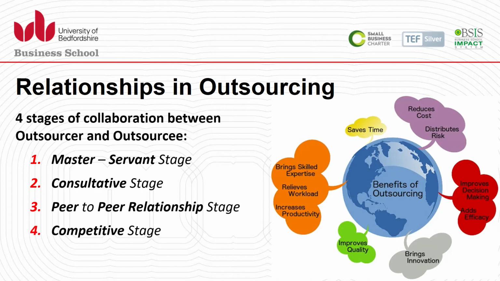consultative stage, peer-to-peer relationship, and competitive stage. To keep the communication line open and ensure that business and relationship go clear and regular, there is no gap in communication, and we have to create as well as share the plan of action to work in partnership.